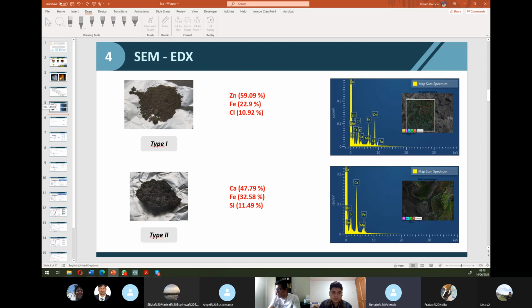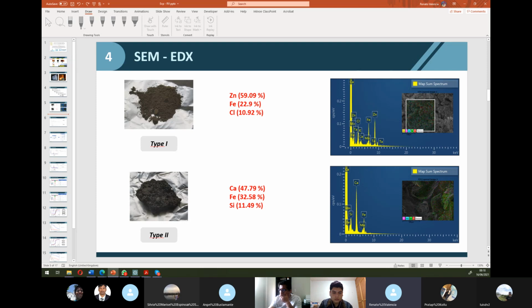About the characterization of the type 1 and type 2 samples, we have the raw sample type 1, which is red powder, and sample type 2, which is a black slag sample.